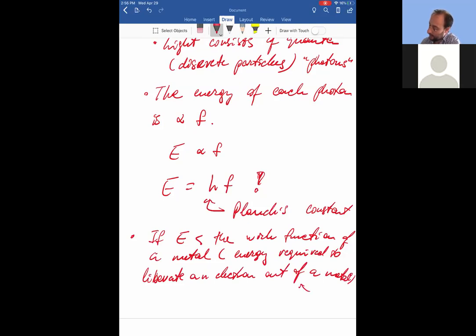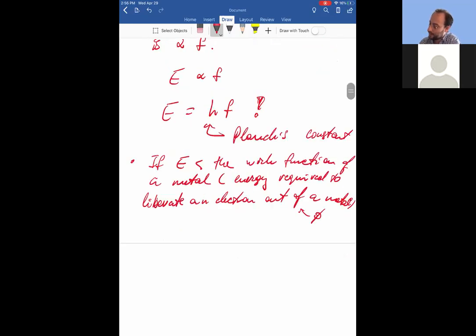I think your textbook uses the letter phi. So if E is less than the work function of a metal, then no electrons come out, because there's not enough energy to pull out even a single electron.